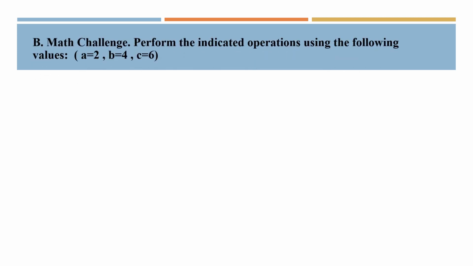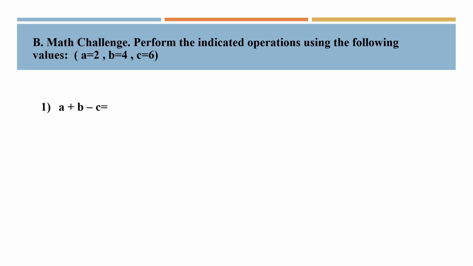Next, children, let's have the math challenge. Why math challenge? This time, we will use letters with values. A, the value is 2, B, the value is 4, and C, the value is 6.